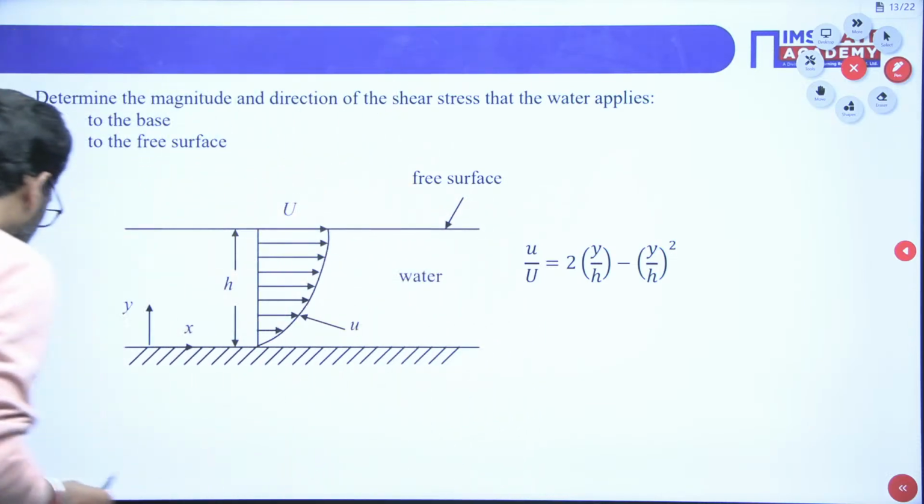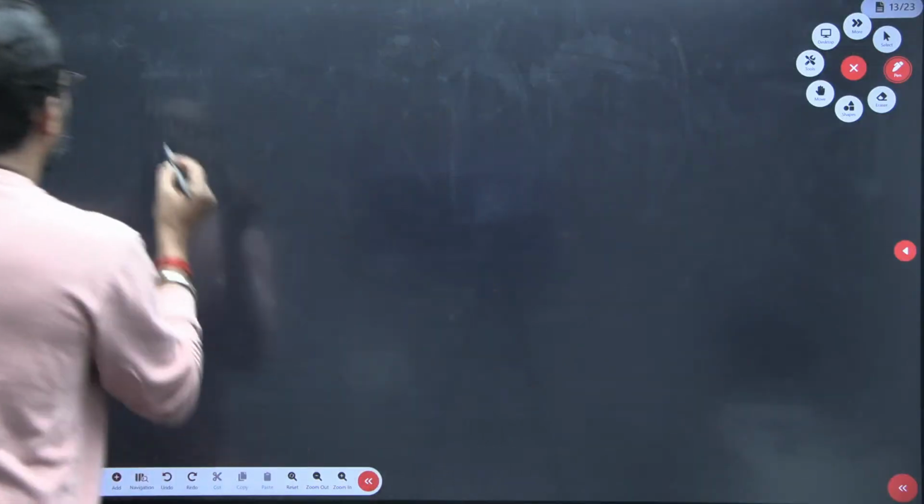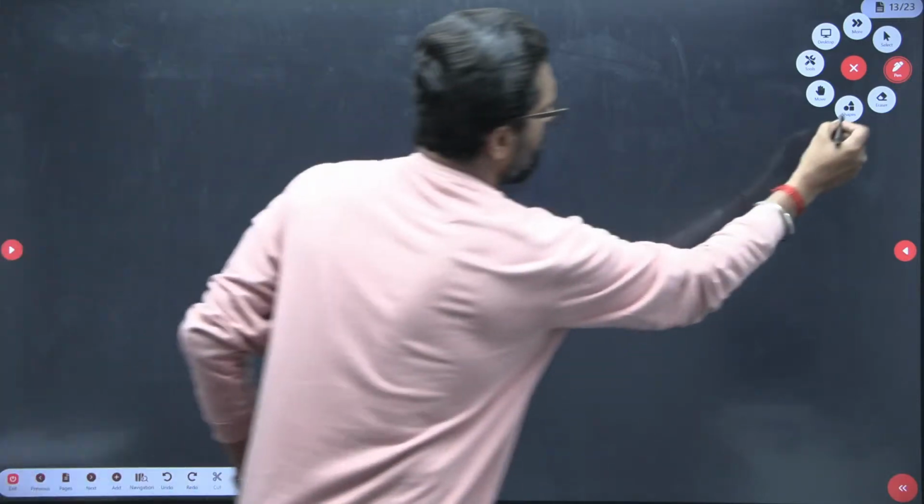Let's suppose this is your chunk of the fluid.